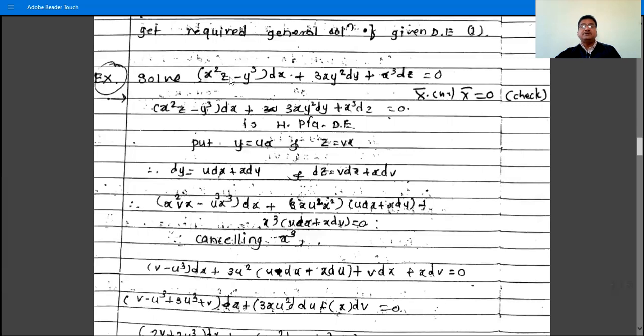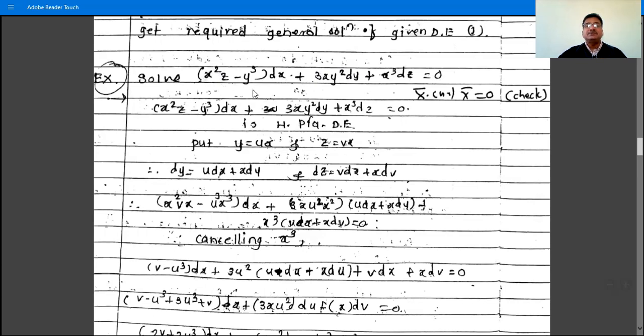Because if you observe the coefficient of dx, that is p, coefficient of dy, that is q, and the coefficient of dz, that is r, then p, q, r, all three are homogeneous functions of the same degree, and the degree of the p, q, r is what? 3, and therefore this p dx plus q dy plus r dz is equal to 0 is a homogeneous Pfaffian differential equation.